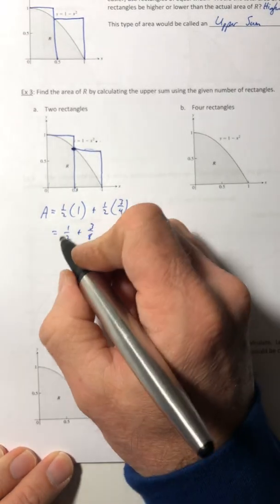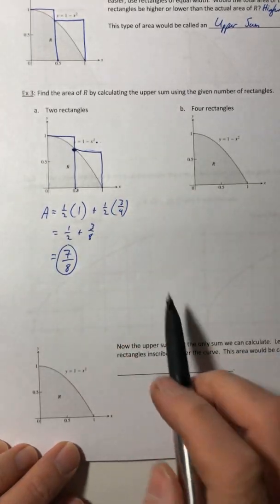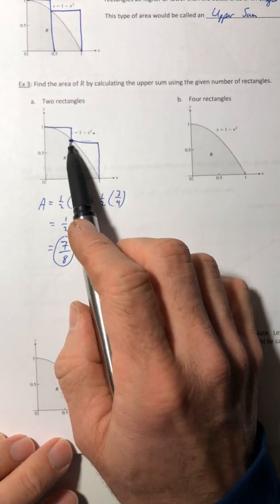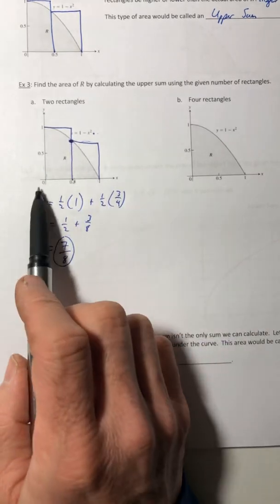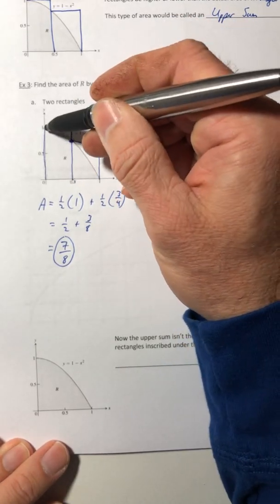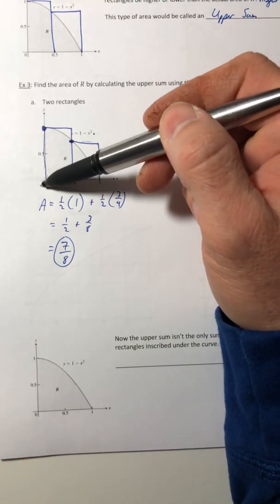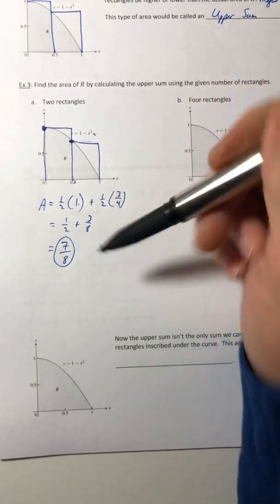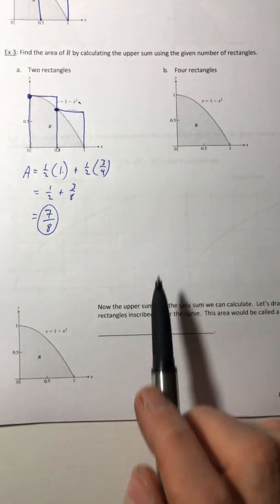So a half plus 3/8, and that'll equal 7/8. That's typically how you do these. You're going to have to plug in x values to determine the heights of your rectangles. It even worked with this one, because for this rectangle, the height was here. At that point, that was your height of the rectangle. So this is the x value, plug it into the function, and you get 1. Okay, in the next video, we're going to dive more into this, and we'll see how it goes.